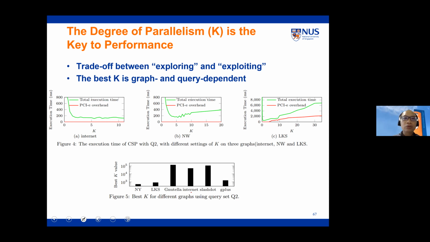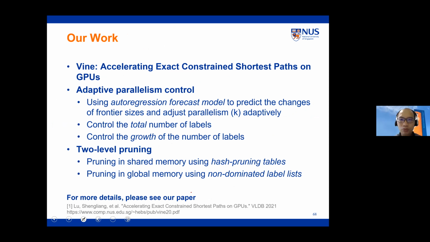Overall, all this is quite complicated, but we have one very simple solution: we use a machine learning approach. Here we just use a simple one, an auto regression forecast model, to model the growth and the pruning of the process. Our model is quite accurate, as we see in the results.